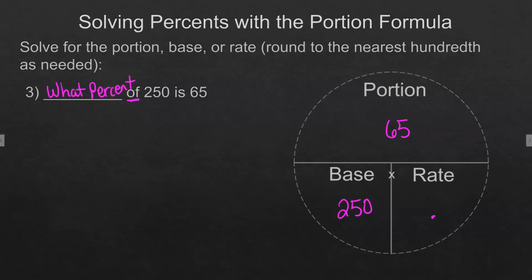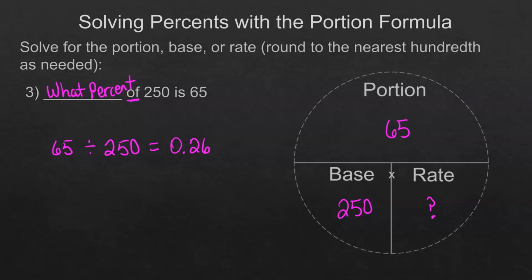And then we're going to actually find that percent. So I am looking for the rate this time, and I will be doing a division problem. So we take 65 divided by 250, and that's going to give us 0.26. Don't forget that Connect doesn't always write the zero in front of the decimal, or in your book, and that's okay.